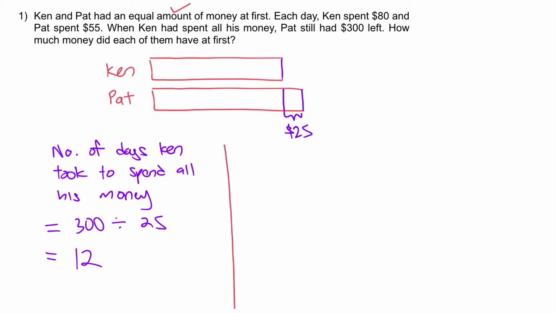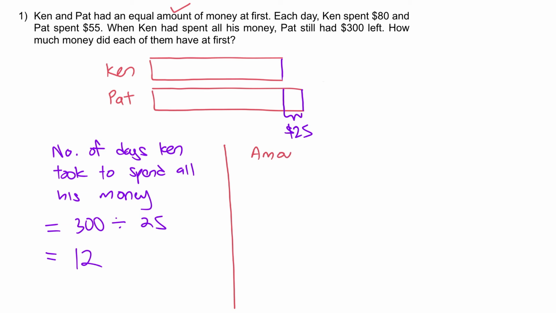So next step, can we now work out how much money they each had at first, which is an equal amount, isn't it? So 12 days to spend all his money. So we can easily find the amount of money they had at first, just using Ken.